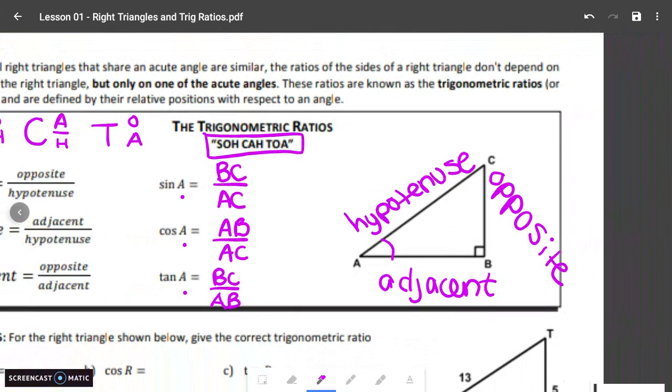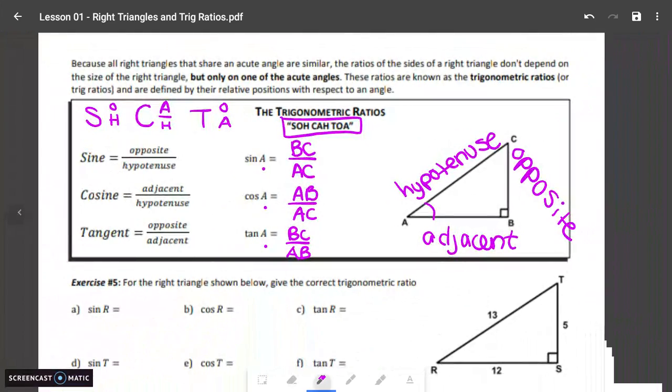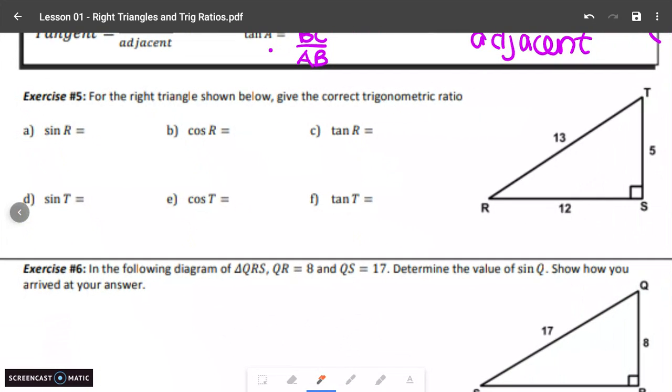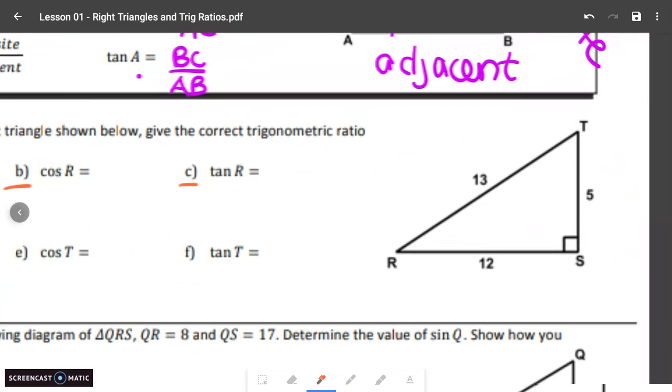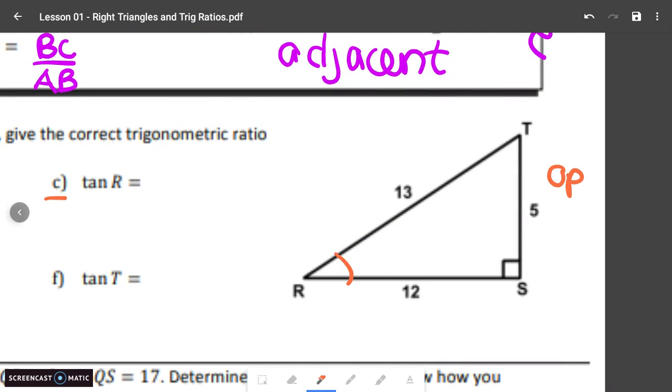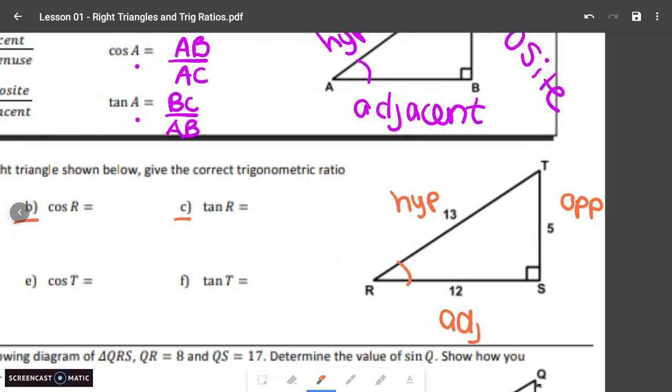Now, it might make a little bit more sense if we look at it with actual numbers. So I'm going to go in here, and we're going to look at exercise 5. Now notice for A, B, and C, we're all directly talking about angle R. So the opposite side is going to be the side that doesn't touch the angle, so that's TS. The hypotenuse is always across from the right angle, and the adjacent is next to my angle, but not the hypotenuse.